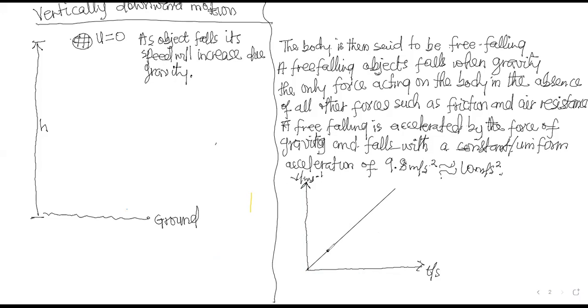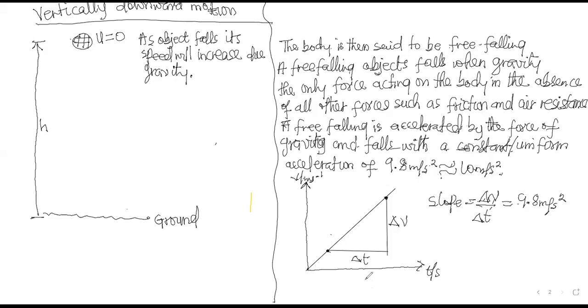Then the slope of this graph for a free falling body, which is equal to the change in vertical against the horizontal, the slope is equal to delta V over delta T. This slope is equal to 9.8 meter per second squared.